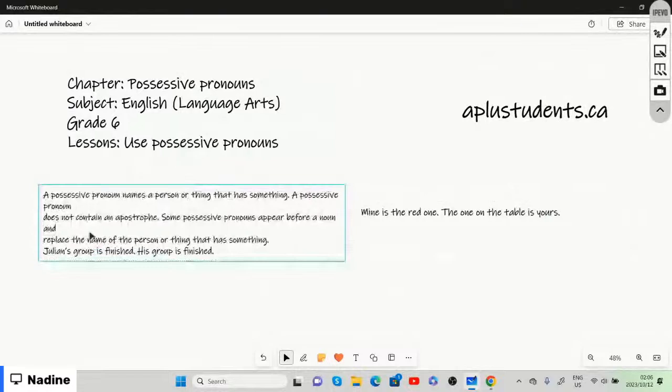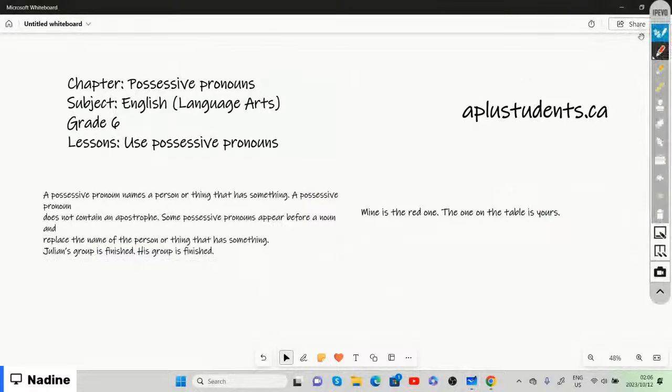A possessive pronoun names a person or a thing that has something or that owns something.